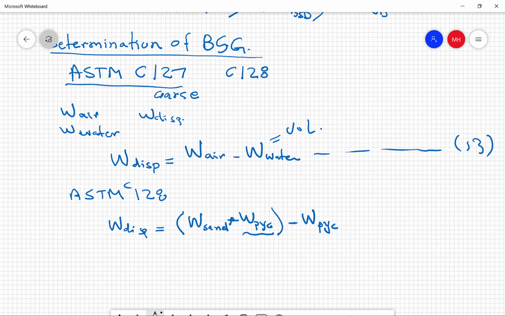Let's distinguish this from the other value with the star. Let's call this equation 14.